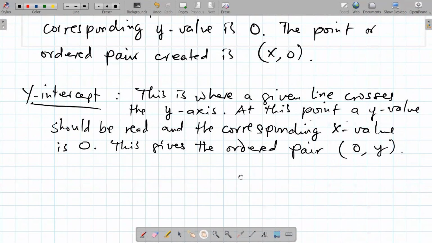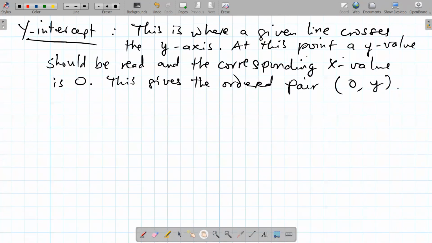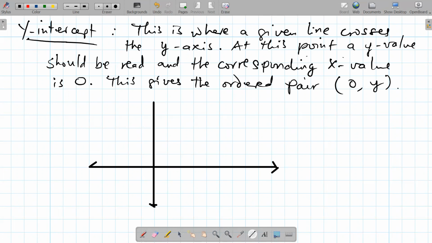So we can note this on a very simple sketch. If we have something like that, and something like this. Let's say this is going that way.